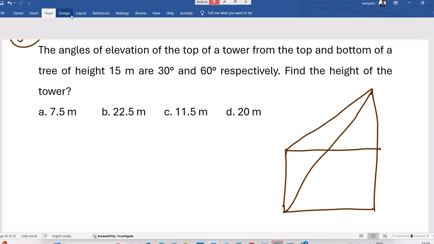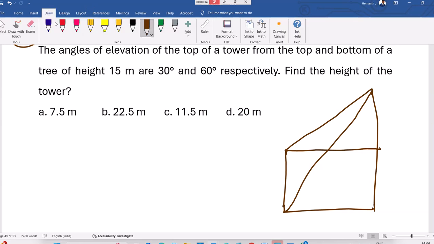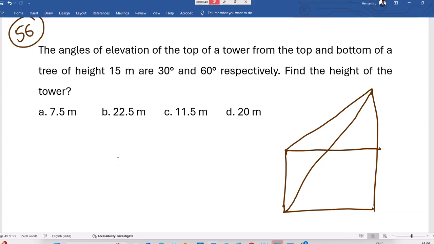Here, which is 30, which is 60, you are guessing? Is this the bigger angle? Always at least see the question. From the top, 30. From the bottom, 60 degrees. This is the tree.